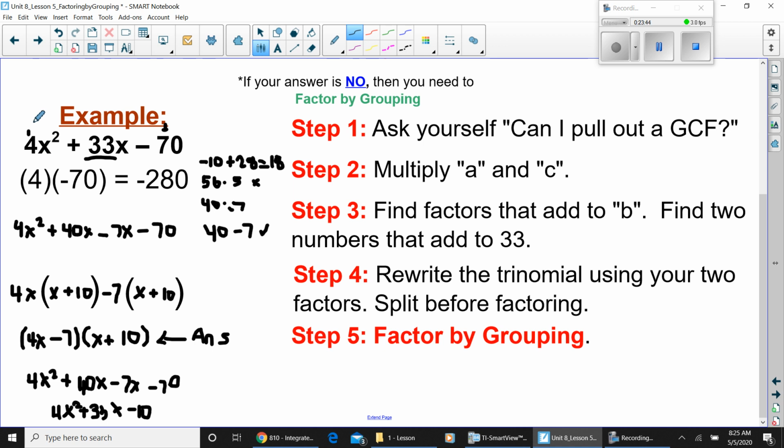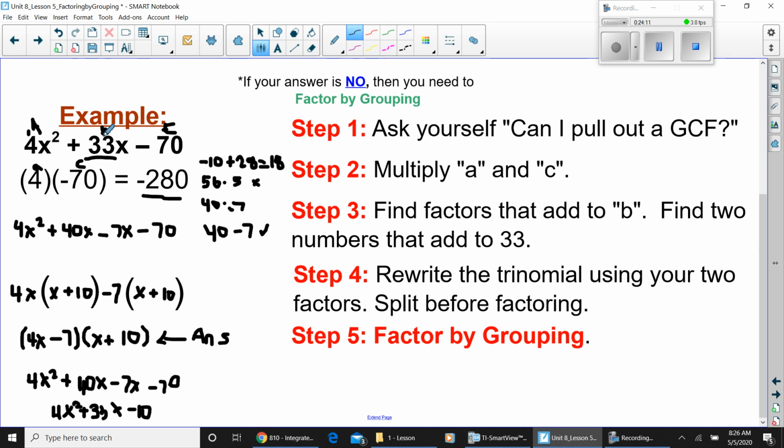I have to multiply A and C. Once I multiply A times C, I get another number, whatever that number is. I have to now take this number and look for two factors that add or subtract to the middle number right here, which is B.